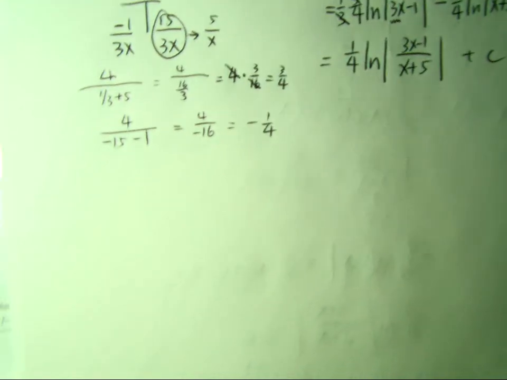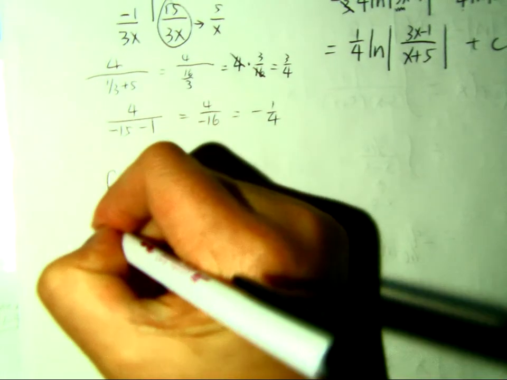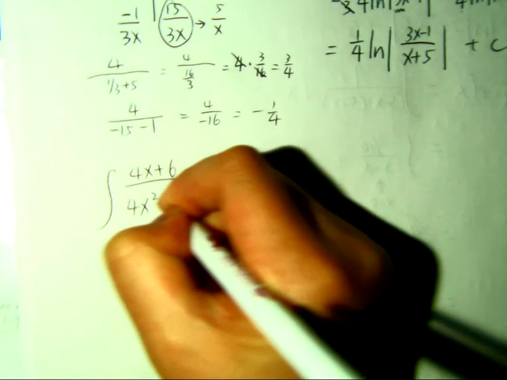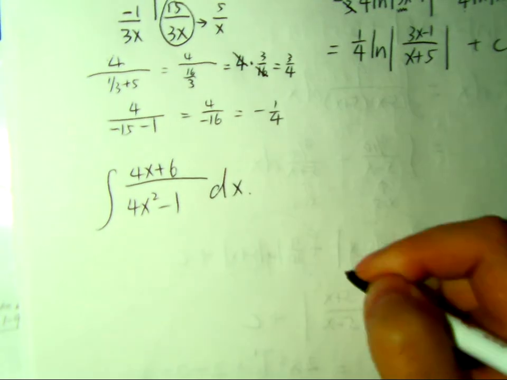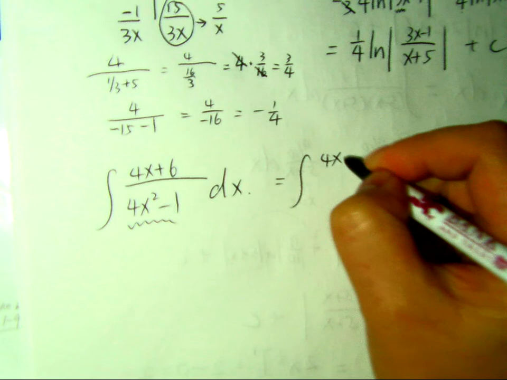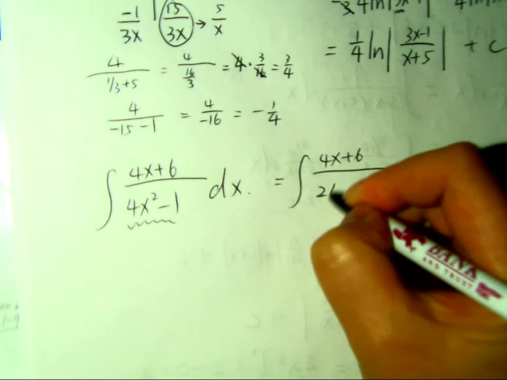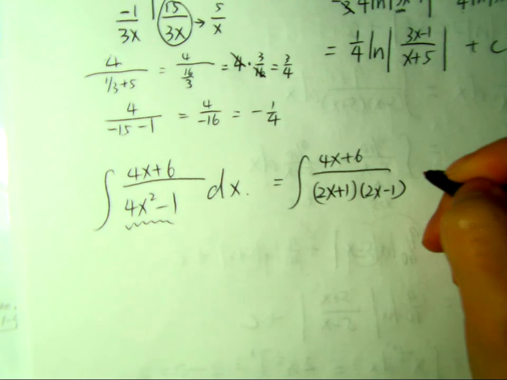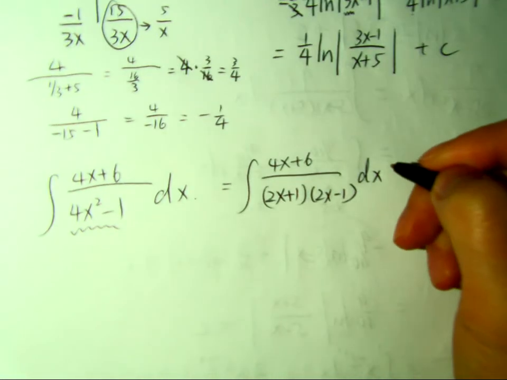And there's one more question. That's the last one on your test. It's 4x plus 6 over 4x squared minus 1. When we factor this denominator, that will be 2x plus 1 times 2x minus 1, because that's the difference of perfect squares formula.